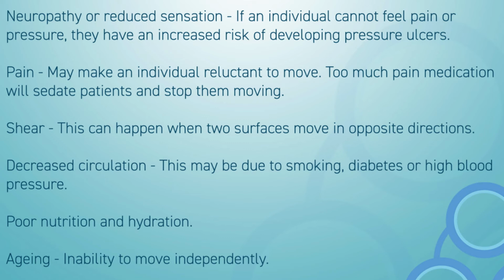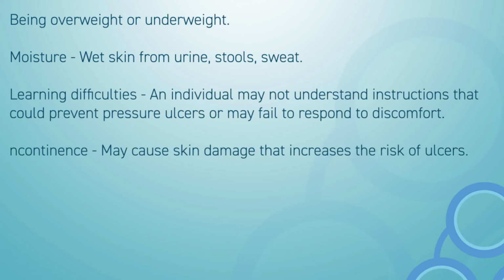Shear. This can happen when two surfaces move in opposite directions. Decreased circulation. This may be due to smoking, diabetes, or high blood pressure. Poor nutrition and hydration. Aging. The inability to move independently. Being overweight or underweight.